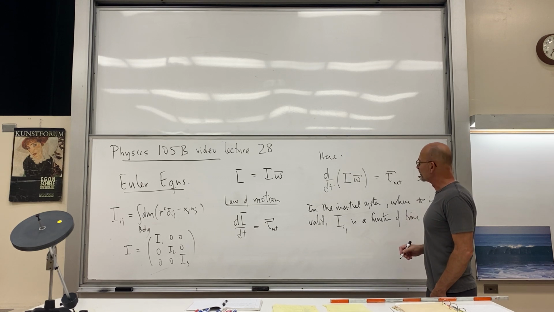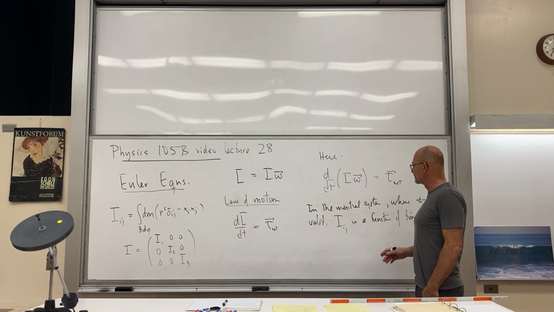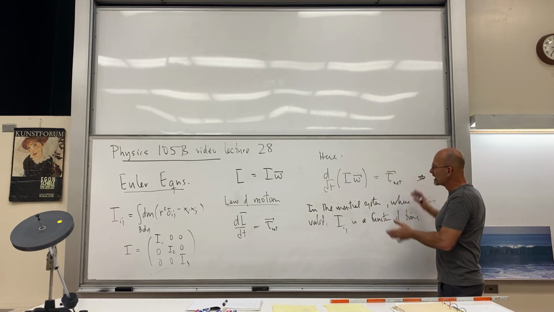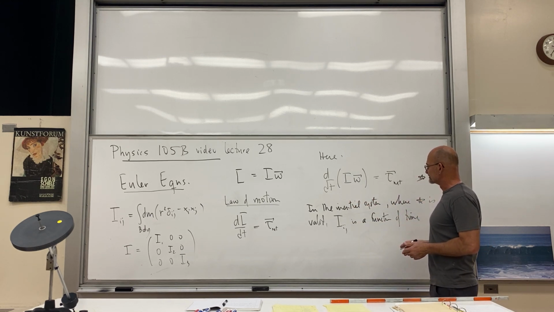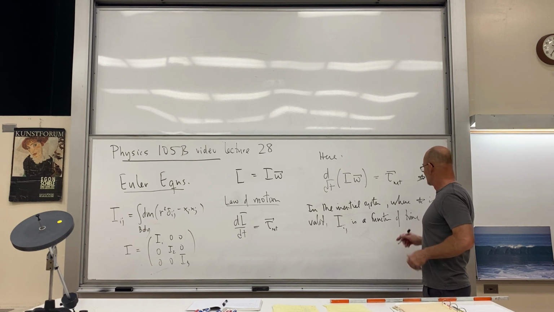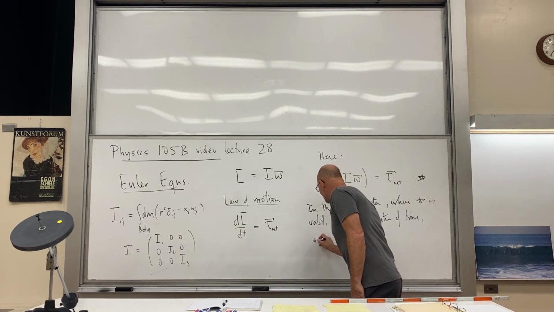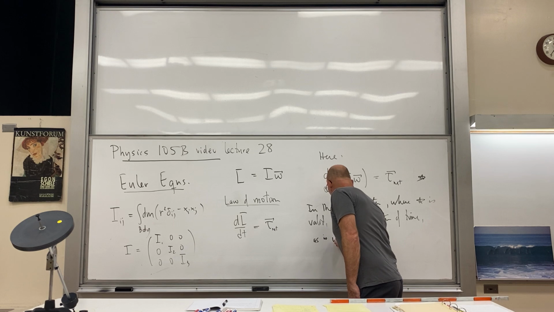Now there are ways to kind of get around that, and that's what we're going to be talking about here. It is a function of the time, so this is actually a very complicated equation, as is omega.